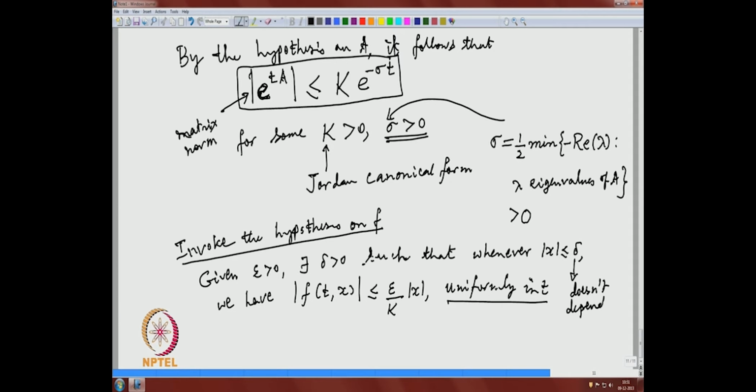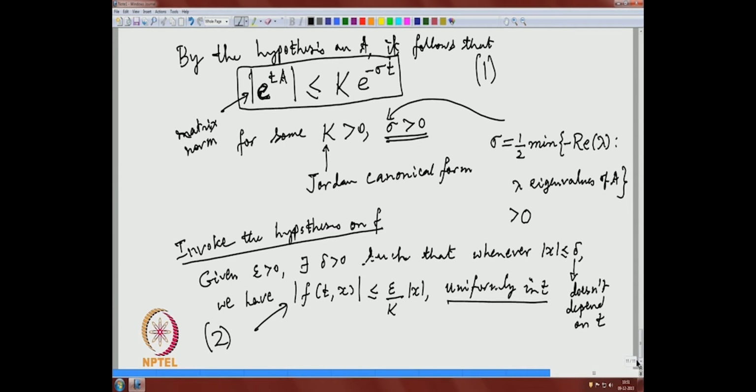When f itself is independent of t, uniformity in t does not arise, but when t is there, we want this delta to be independent of t, so that we can concentrate only on the x variable. Now let me call this 1 and this 2. These two estimates play a crucial role.